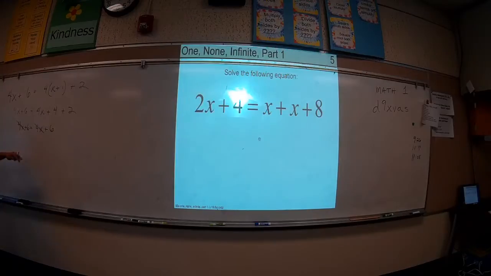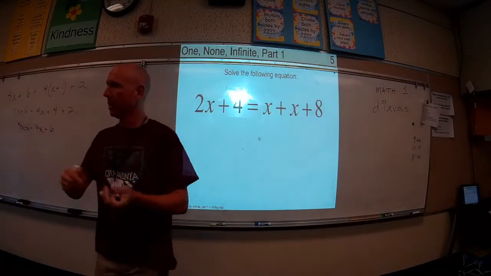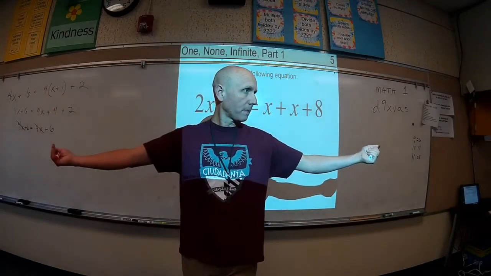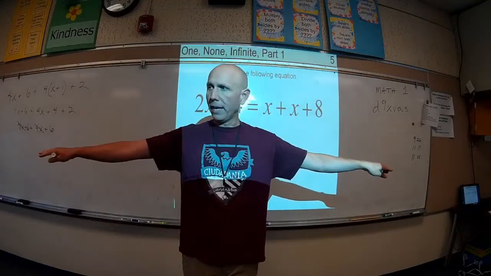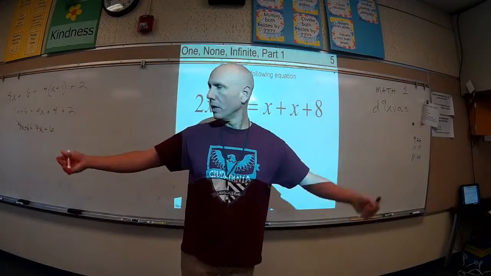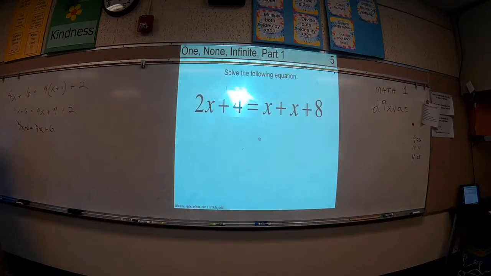Since I have a 4x on both sides, I can take them both away and keep the equation in balance. Remember, an equation is like a balance scale. If I have 4x's on this side and 4x's on this side, if I take them both off, am I still in balance? Yes. If I add 4x's to both sides, am I still in balance? Yes. So what I did is I just took 4x's off both sides. And that leaves me with 6 equals 6.